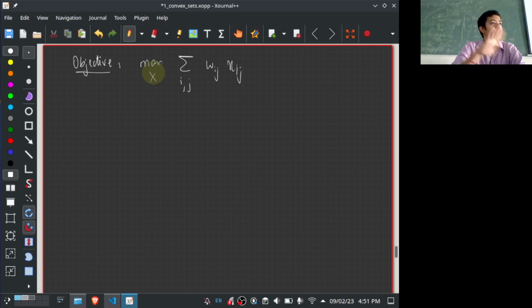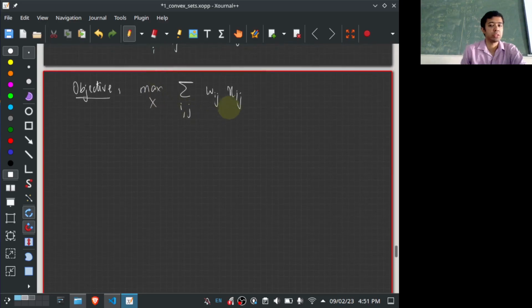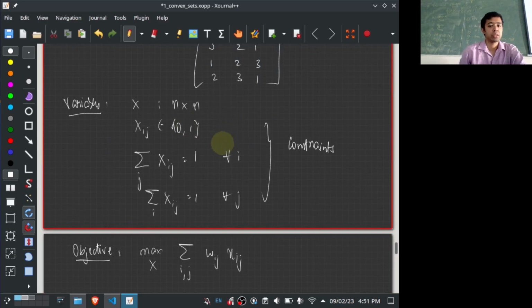So once again, we have a nice linear program, right? The objective function is linear in the variables. The constraints, at least these two constraints, are linear in the variables, but this is not, right? I'm saying xij is either 0 or 1. But instead, I can say that xij can take any value between 0 and 1.